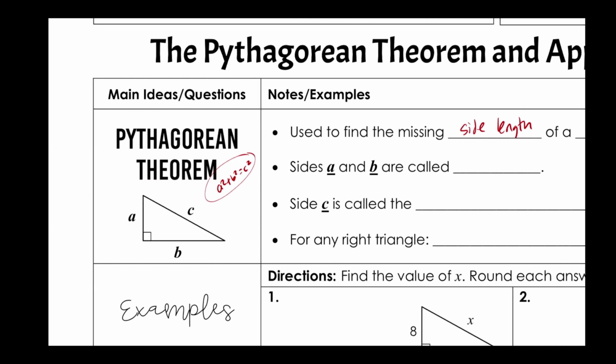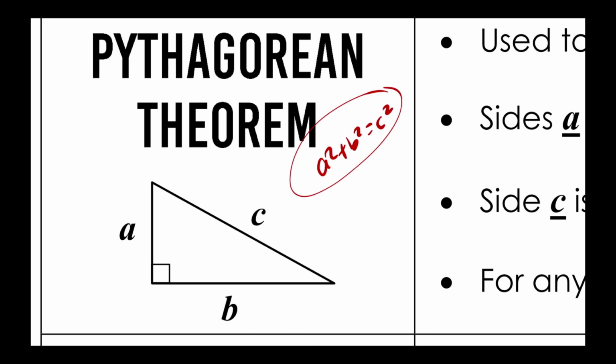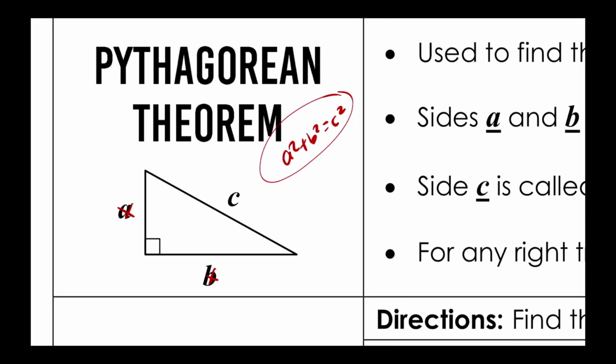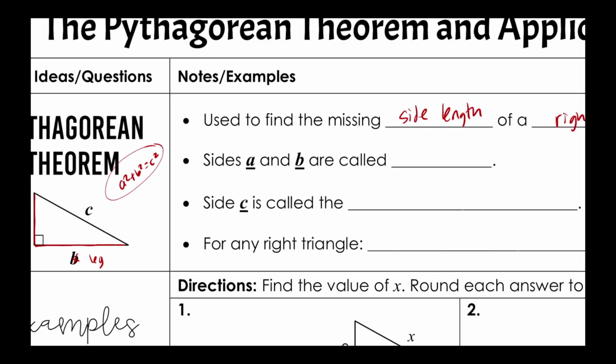Okay, so now you learned it as a squared plus b squared equals c squared. I want you to kind of throw that out of your brain. Don't think of them as a and b. Those two sides that form the right angle are called your legs. So sides a and b are called legs.